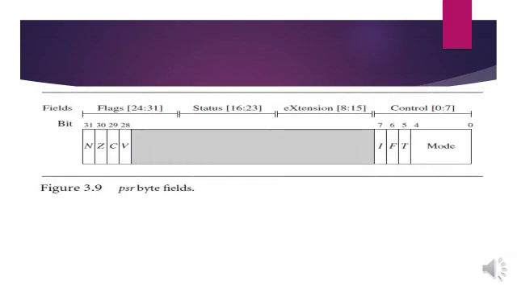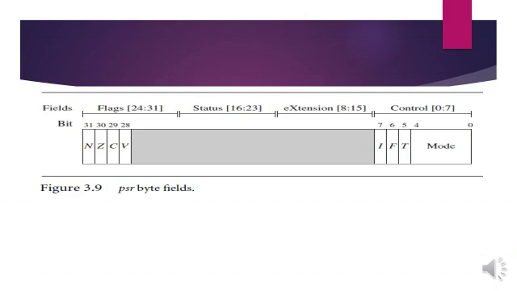This is the structure of the 32-bit CPSR. The ARM core uses the CPSR to monitor and control internal operations. The CPSR is a dedicated 32-bit register and resides in the register file. The CPSR is divided into four fields: flags, status, extension and control.